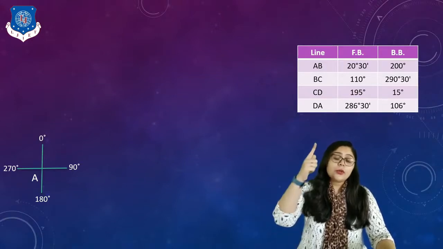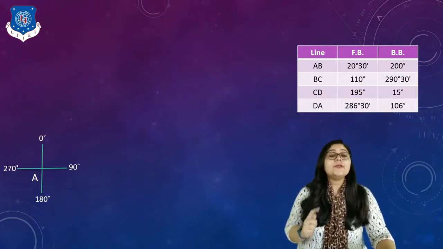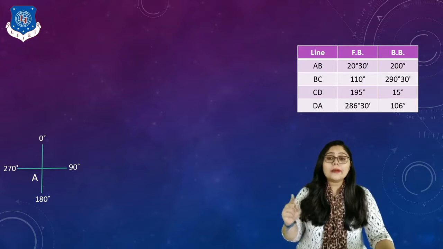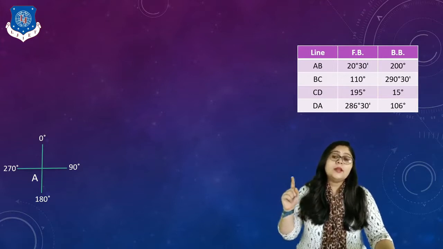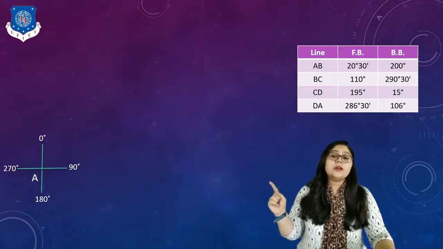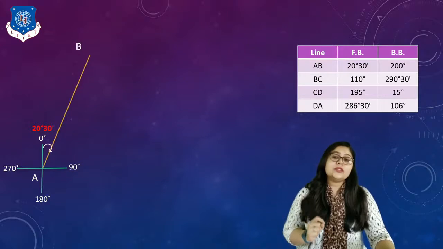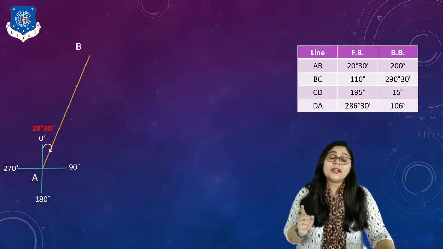Now, in the table, you can see that line AB's forebearing is 20 degree 30 minutes. It means the first quadrant, even if you don't know the quadrants, you can identify the line as the ranges are mentioned over here. It means from 0 to 90, I have to mark one line to station B, having the angle of 20 degree 30 minutes in forward direction, right?